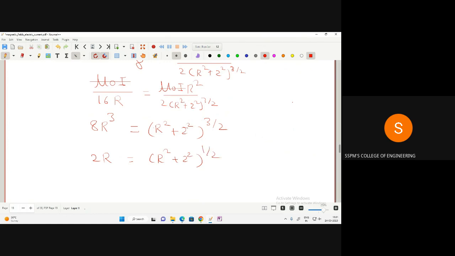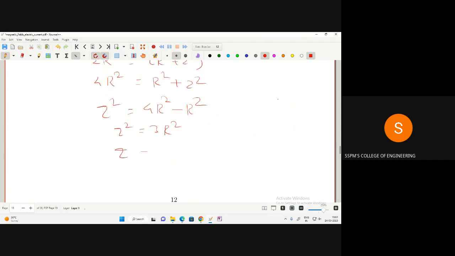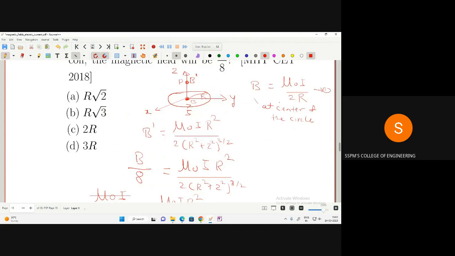Again square it, you will get 4R square is equal to R square plus Z square, and Z square is equal to 4R square minus R square. Z square is equal to 3R square and Z is equal to root 3 into R. तर काय येणार बघा, ऑप्शन root 3 into R येणार, ऑप्शन B.